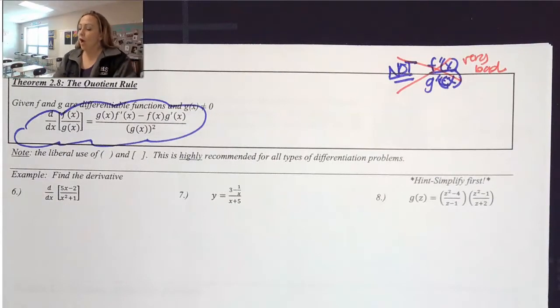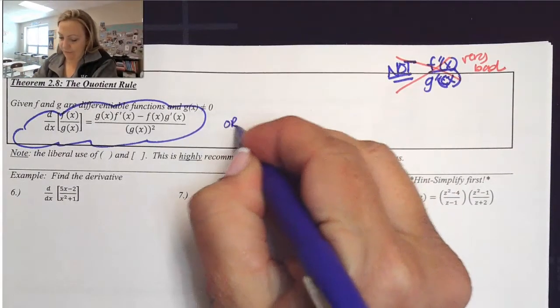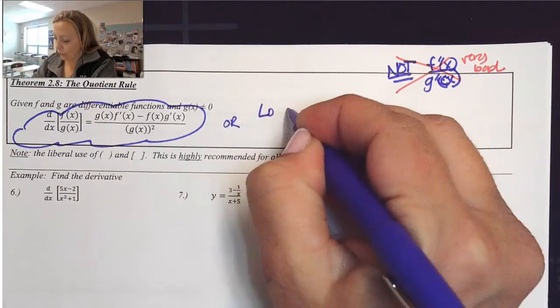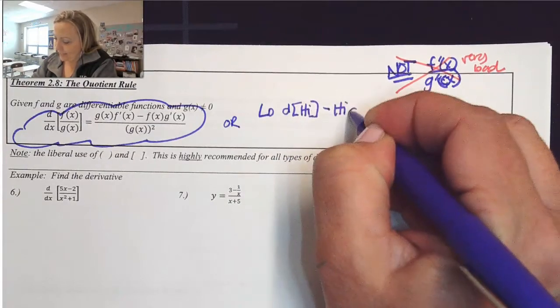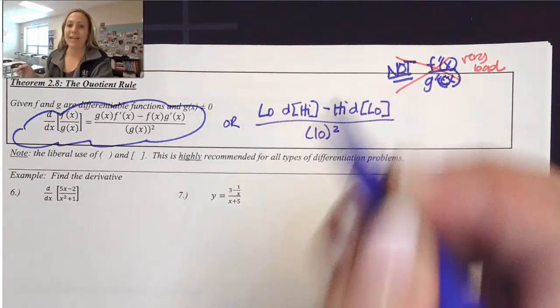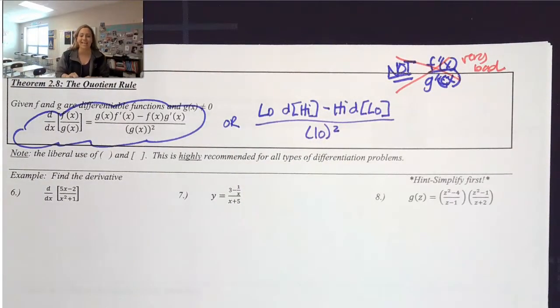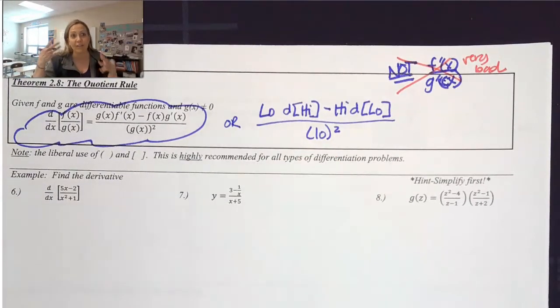A mnemonic device that people use is this: they think low d high minus high d low over low squared. Now I understand that's not anything we've seen. I feel like one of the seven dwarfs, like hi ho, no. But low d high minus high d low over low squared often helps students remember all of those different pieces.